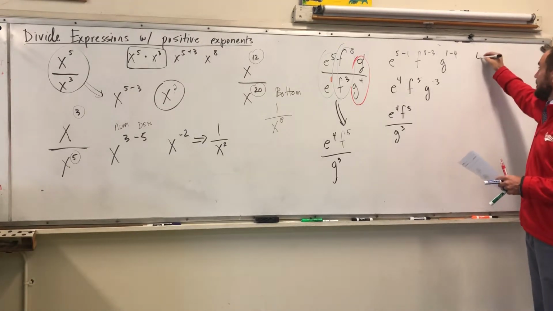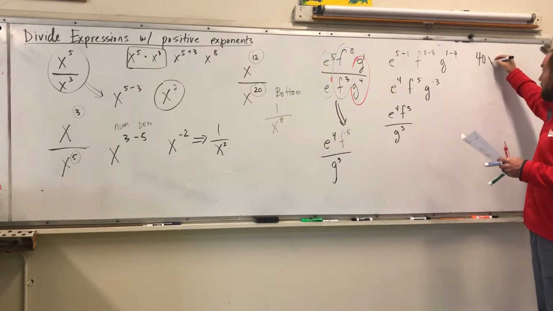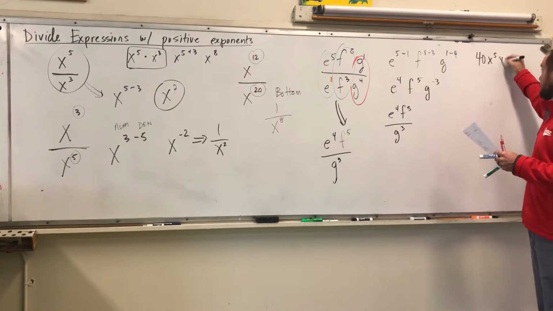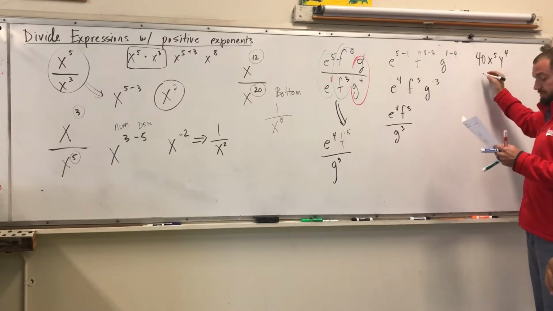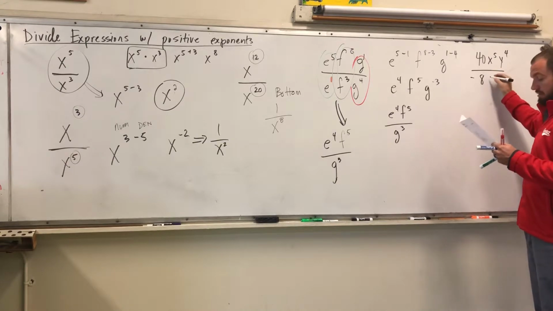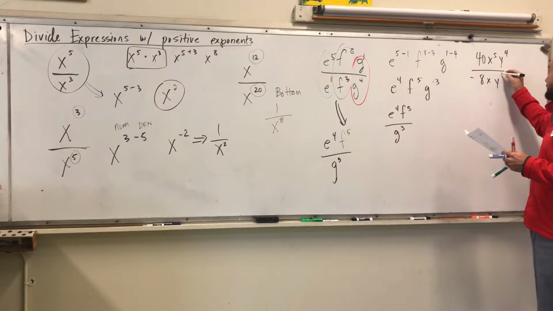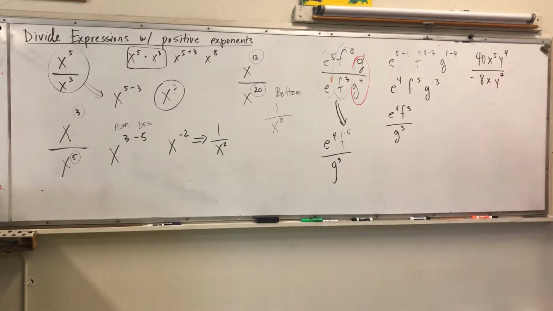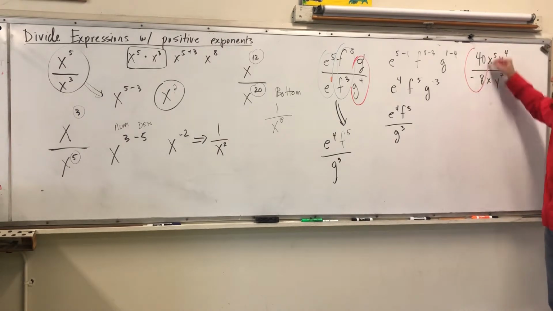You can also have an example where you have an actual integer involved, where you're actually going to have to evaluate what's happening with the 40 and the 8. Now this is just a simple reduction. That's all that is. Okay, if you have your simple fraction, you're reducing 40 over negative 8, which will reduce to negative 5 over 1, yeah.